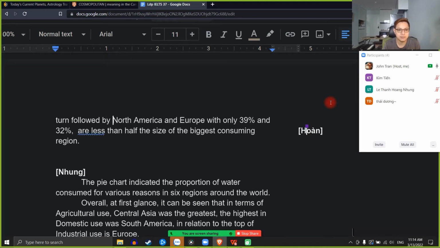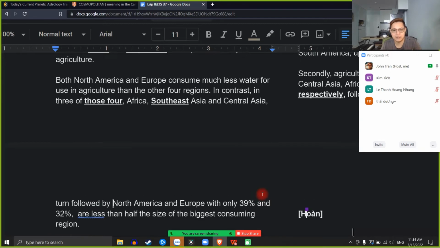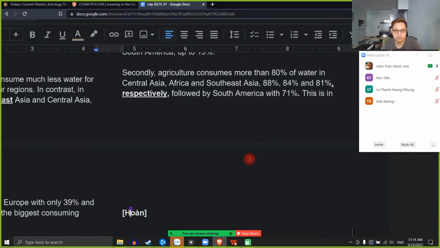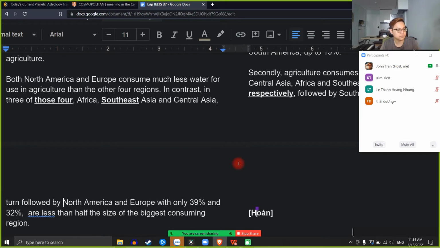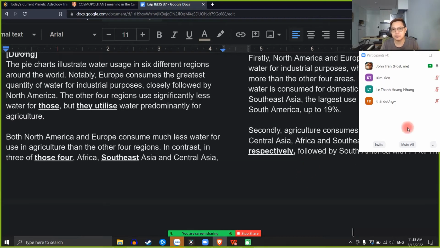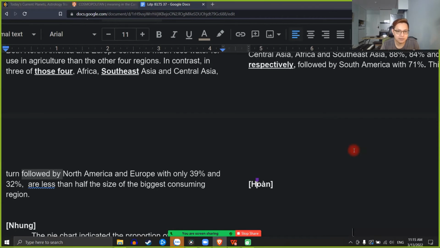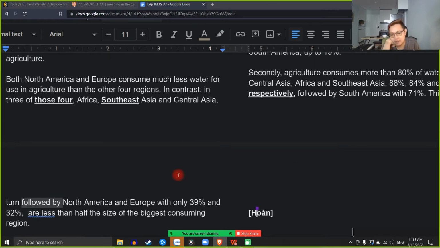Followed by... We use the word followed by already, so how can we show that those ideas are linked together?